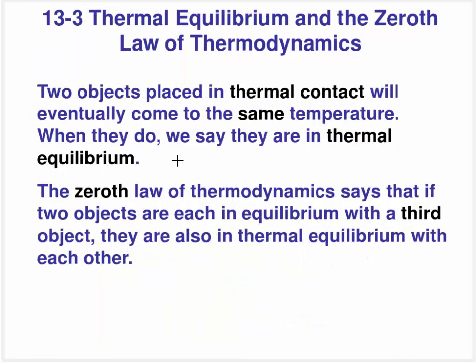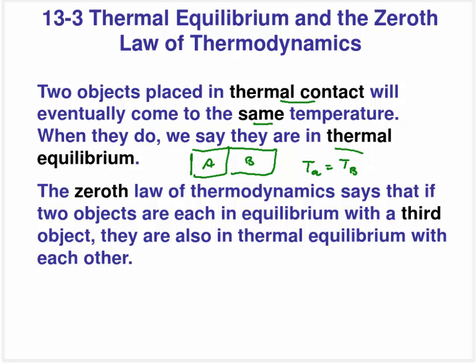So now let's introduce the concept of thermal equilibrium. Essentially, if we take two objects, let's just say we have object A and we place it in contact with B, so there's some thermal contact, then eventually they're going to come to the same temperature, and when they're at the same temperature, the temperature of A is equal to the temperature of B, then we say that they're in thermal equilibrium.